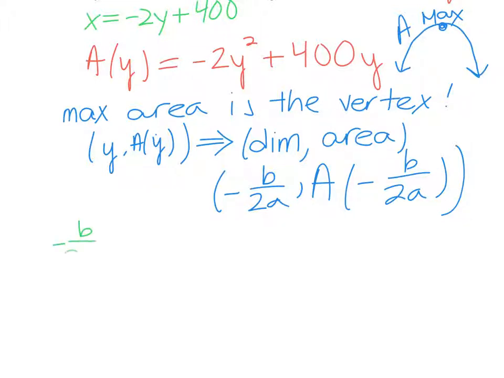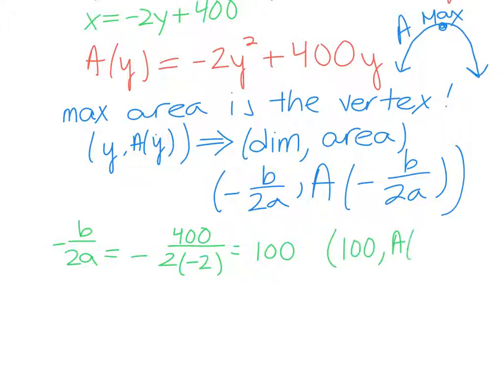So negative b over 2a, so the opposite of 400, that's your b, over 2 times negative 2. So 400 divided by negative 4, and then take the opposite of that, is positive 100. All right, so dimension is 100. And now we're going to have to plug that into our area function.